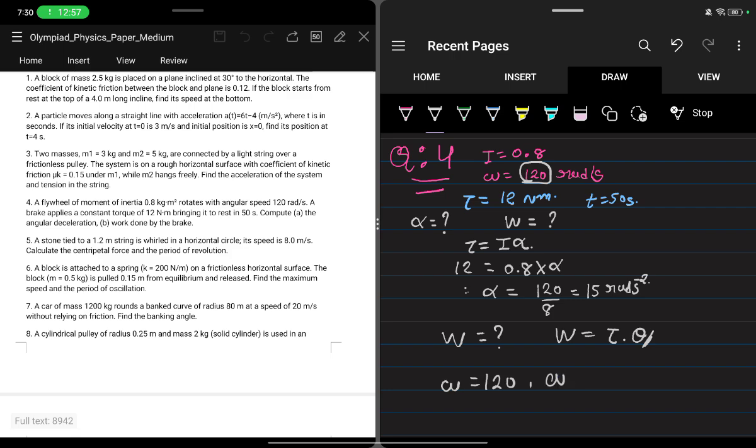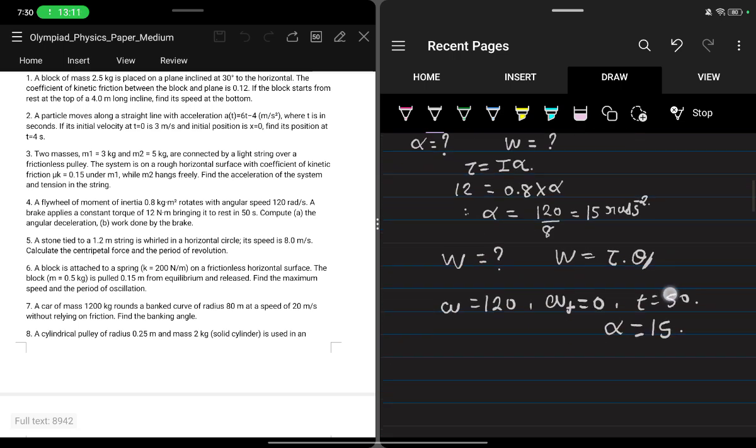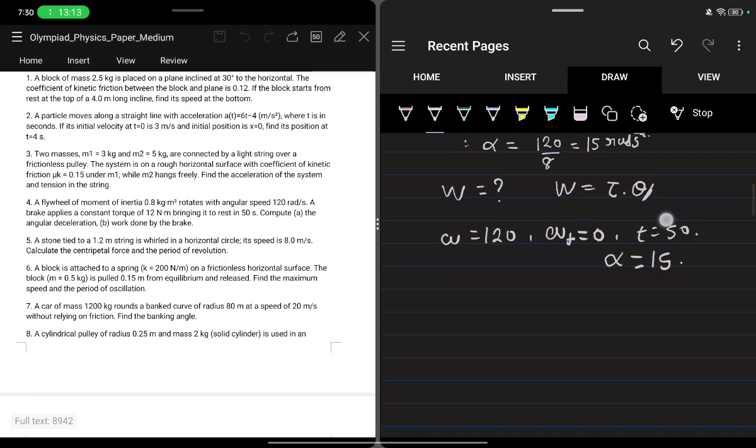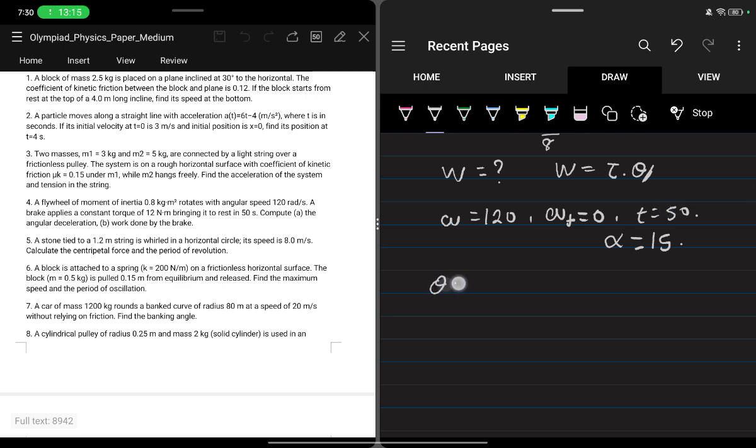Final angular velocity is 0. Time is given, and alpha is also given, that is 15. So we can use this formula: theta is equal to omega 0 t plus half alpha t square.